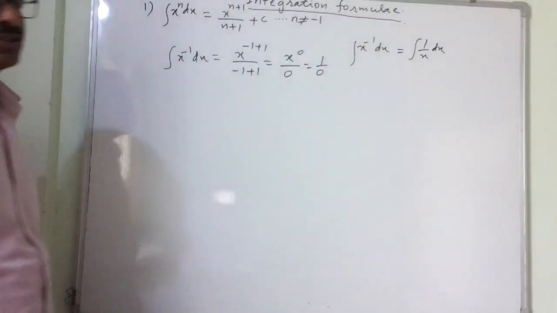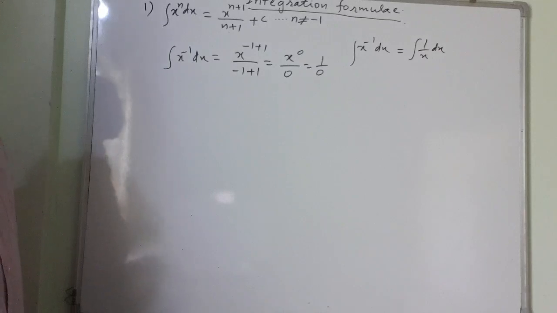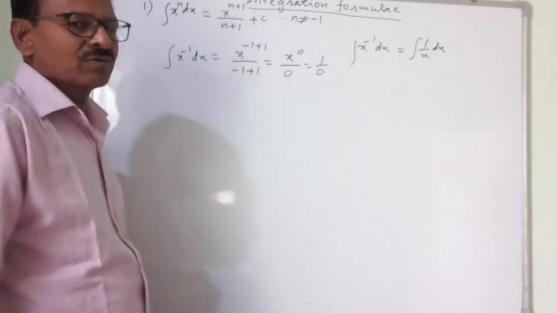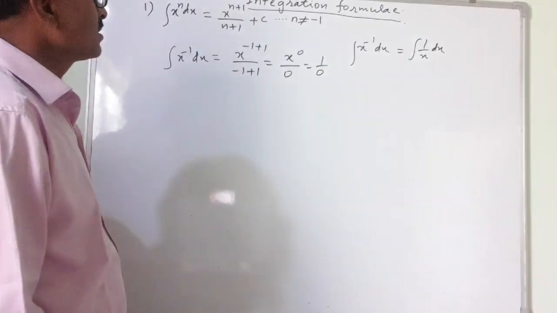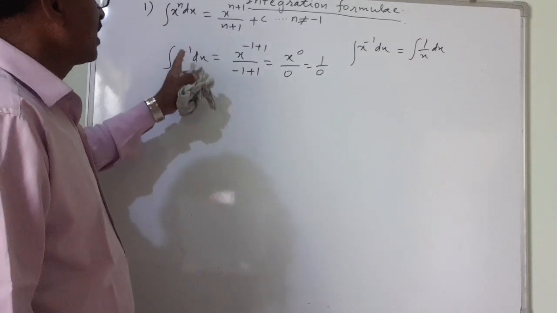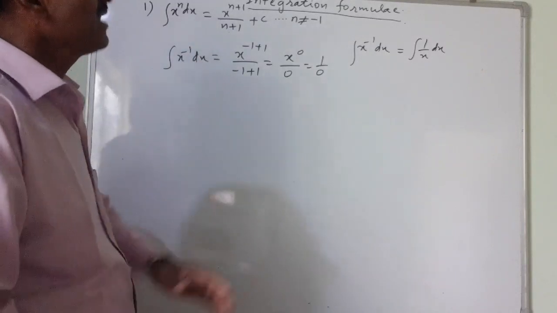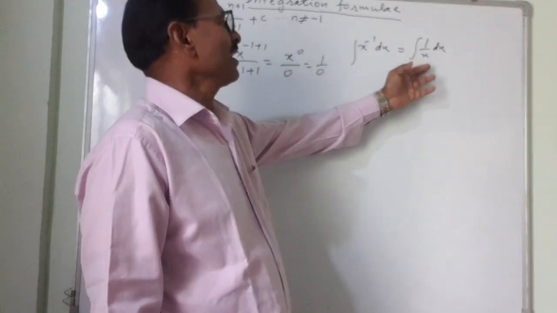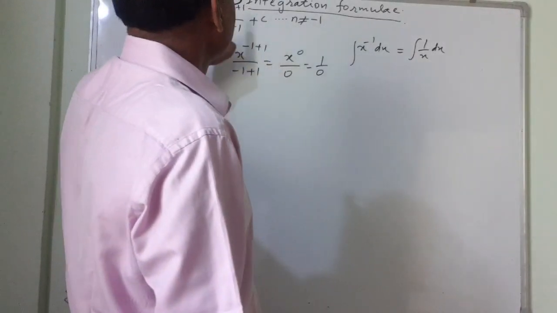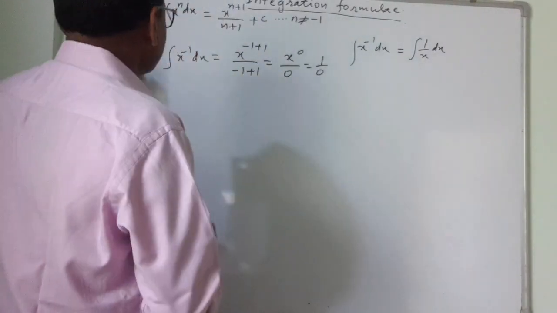What is the value of 1 upon 0? Infinity. We cannot determine it. It is an infinite value. That means when it is x raised to minus 1, that is, 1 upon x, at that time you cannot use this formula.